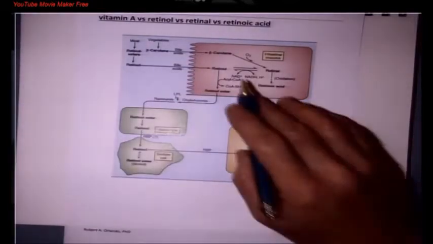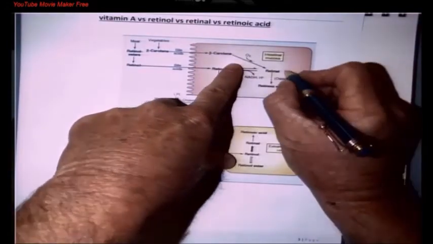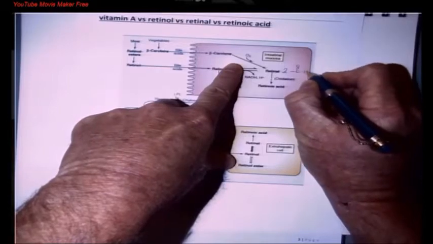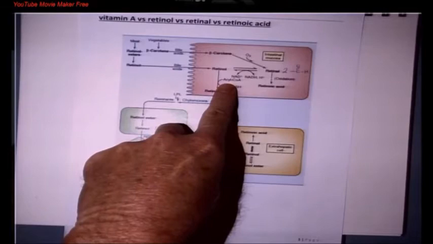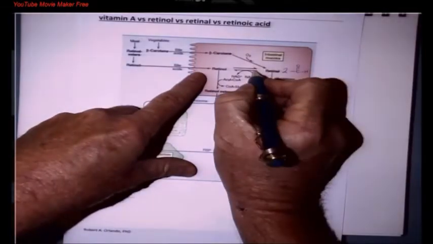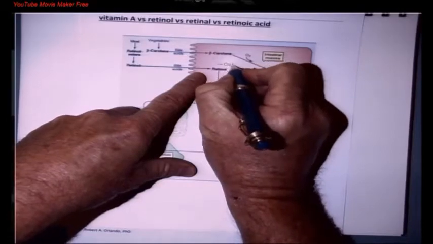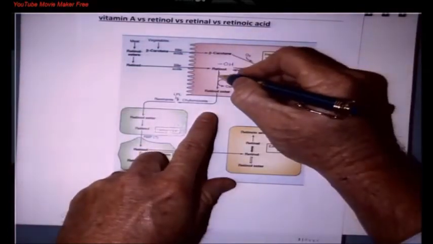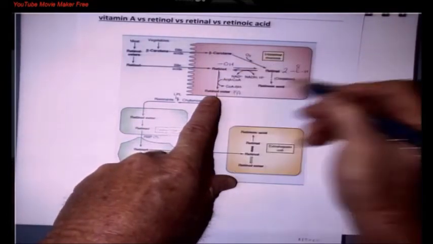Then we have our processing of the beta-carotene, basically to cut it in half to make our two aldehyde structures of retinaldehyde. And then we convert the retinaldehyde into the retinol structure, and then the retinol is bound with a fatty acid, a fatty acyl ester.